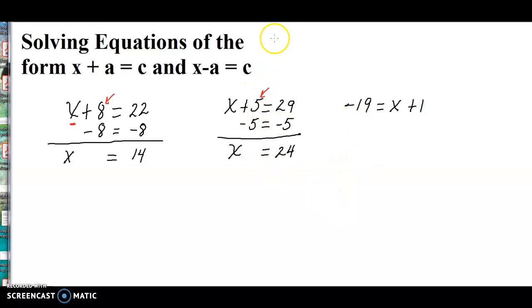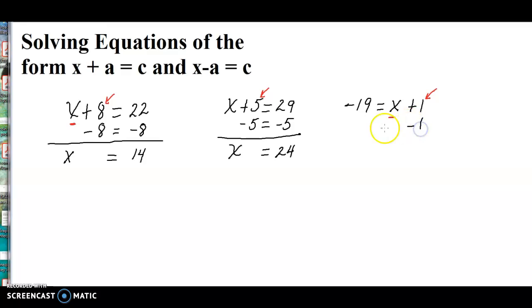Now keep in mind, when we're solving these problems, I need to have x by itself. And so what's preventing me from having that x by itself is that number there. So in order to get rid of that number, I need to subtract it away.